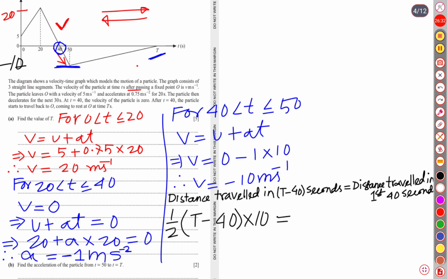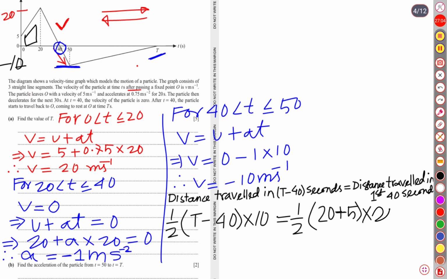So into 10 equal to, now in the upper part, in the first 40 seconds, look at this first portion. This is a trapezium. So area of trapezium is half of the sum of the parallel sides, which is 20 plus 5, into the distance between the parallel sides, 20.